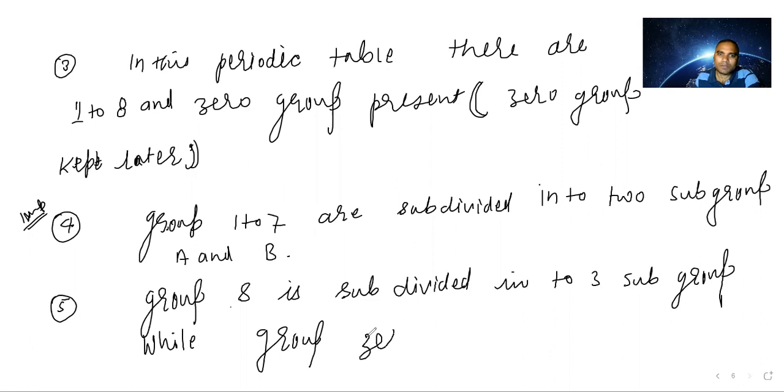So this is the point that you need to keep in mind: groups 1 to 7 are subdivided into two subgroups A and B, group 8 is divided into 3, and group 0 is not divided.